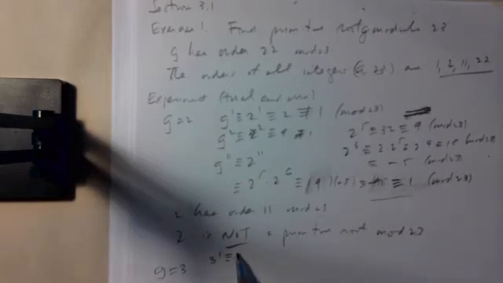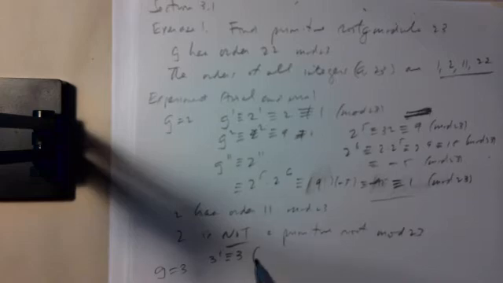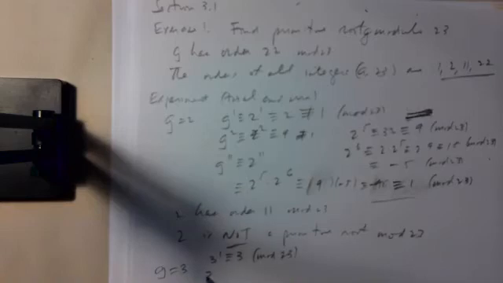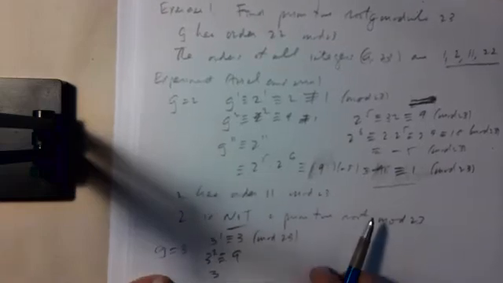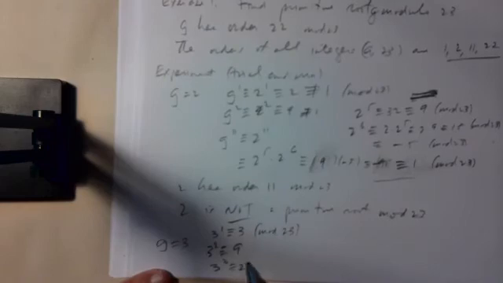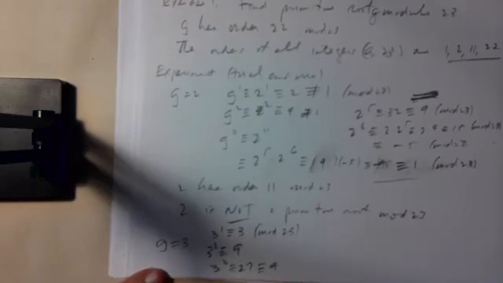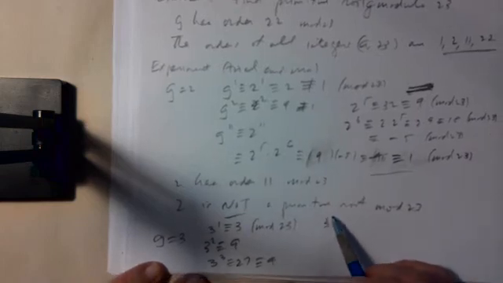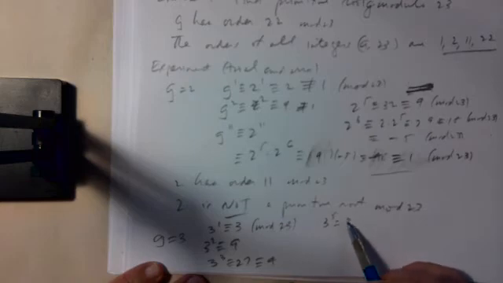Great. So 3 to the first power is 3 mod 23. 3 squared is 9. 3 cubed is 27, which is the same as 4. Let's see. 3 to the 5th power would be 3 squared times 3 cubed.